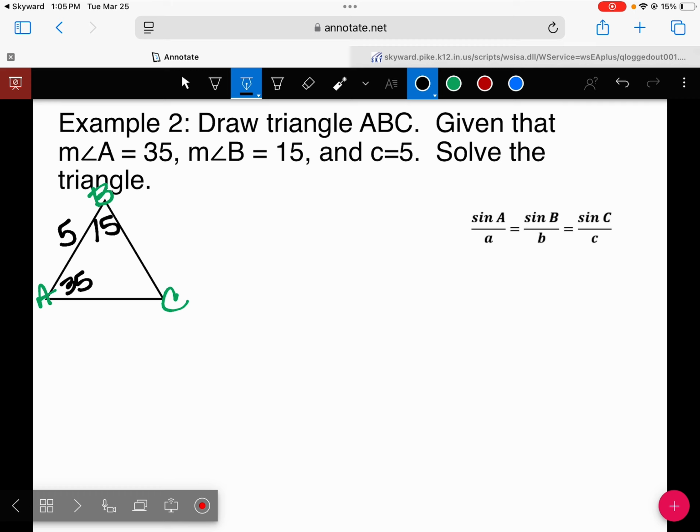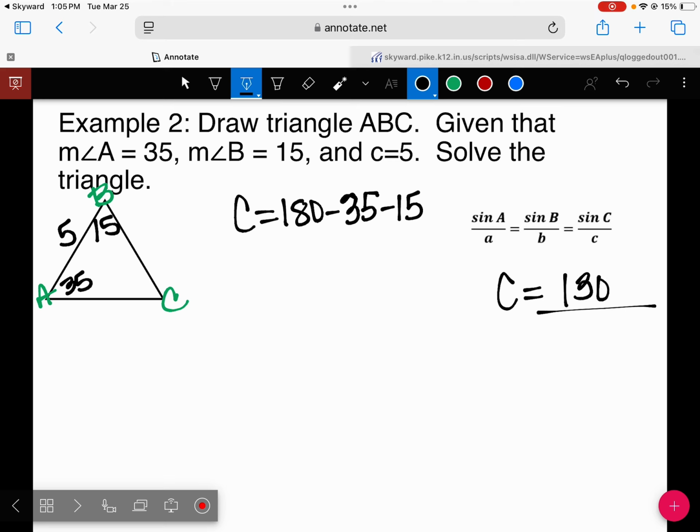The only side we know is little c, so we have to start by finding big C. We can find big C very easily. C is going to equal 180 minus 35 minus 15. You should get 130 degrees.